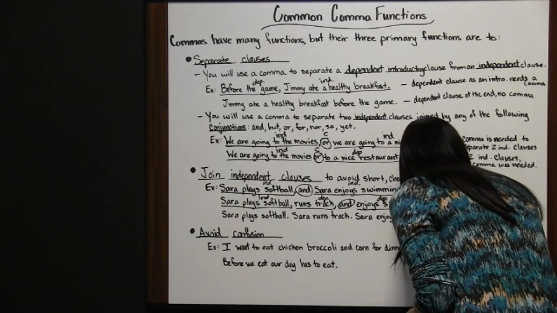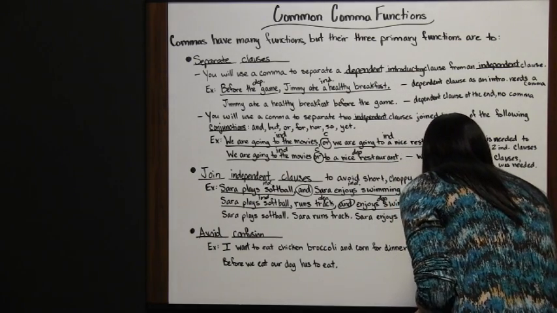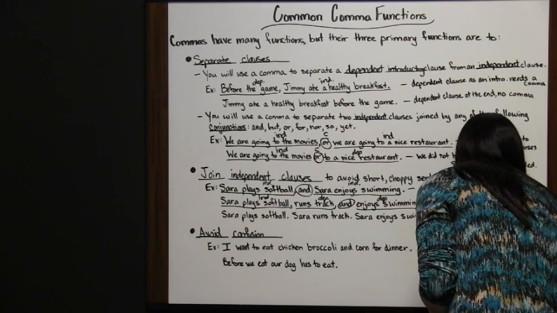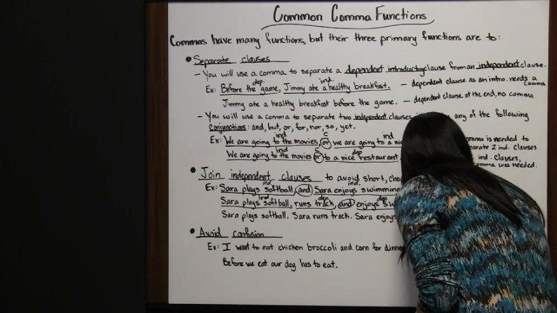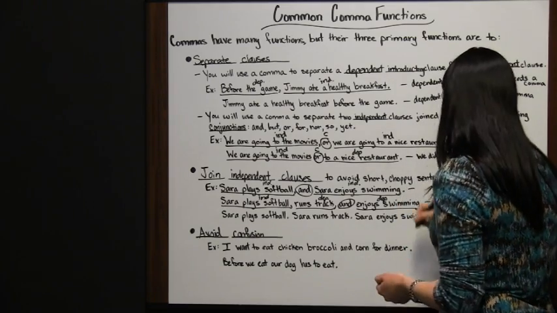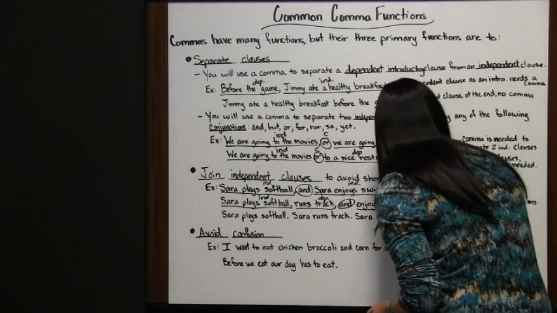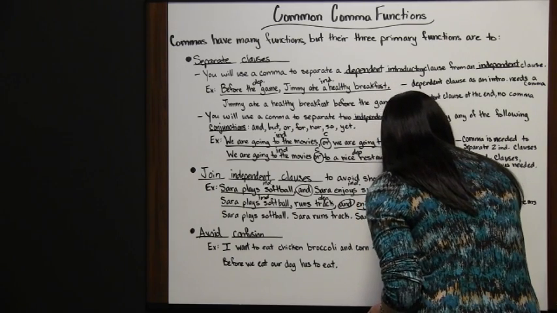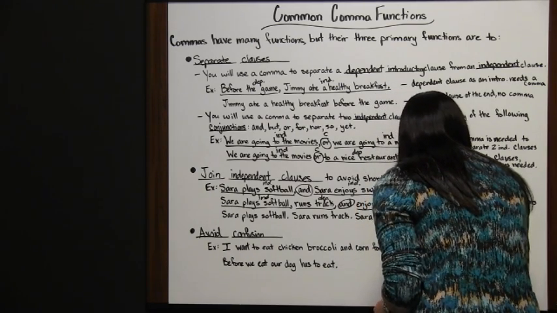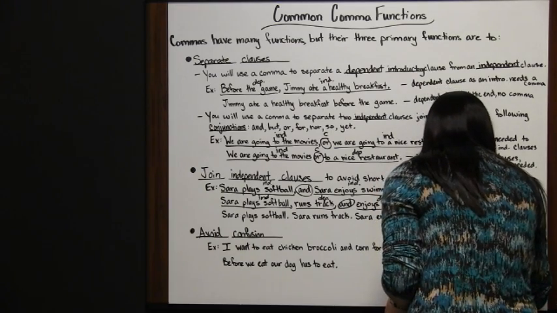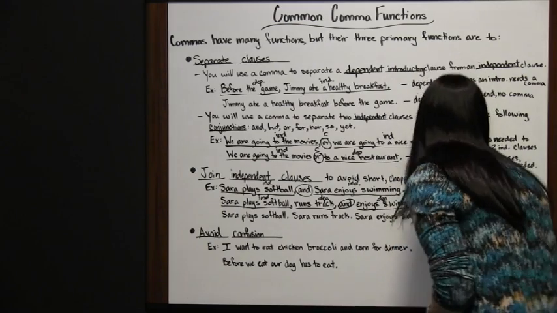So the reason we're using it here is to separate three or more items in a series. Here we were using it to separate two independent clauses. And then at the end we had no commas.